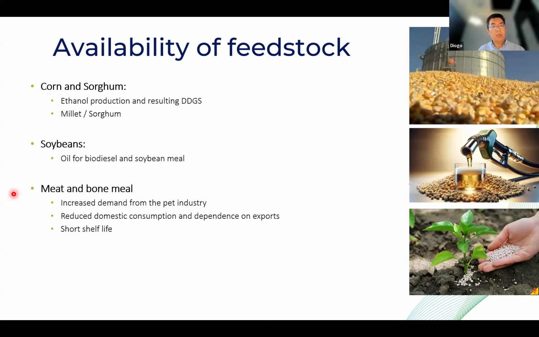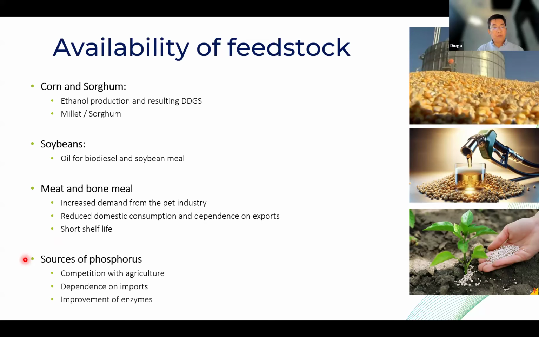Meat and bone meal: the pet industry is demanding more and more meat and bone meal. But we need to have consumption of beef meat, and we always need to pay attention to the short shelf life of meat and bone meal.